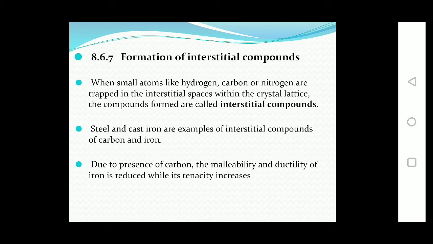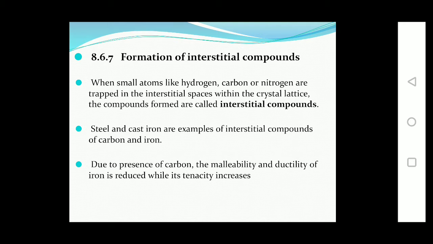Or we will just define that: when small atoms like hydrogen, carbon, nitrogen, etc. are trapped in the interstitial spaces within the crystal lattice, the compounds formed are called interstitial compounds. Understood? Now, the best example of this is steel or cast iron.